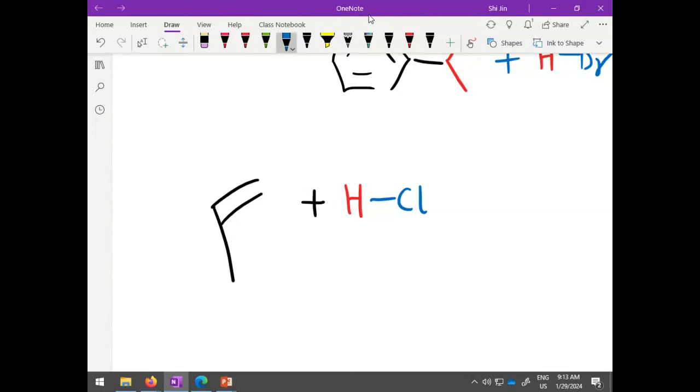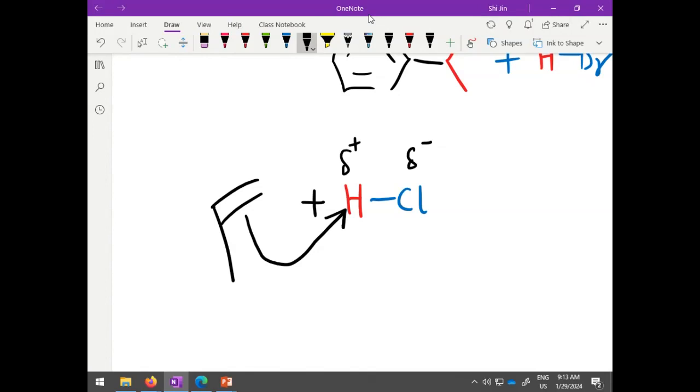what will be happening? Because hydrogen chloride, as we know, is a very polar molecule, the hydrogen is highly positively polarized and the chlorine highly negatively polarized. And you have high electron density on the double bond, which makes the double bond nucleophilic.